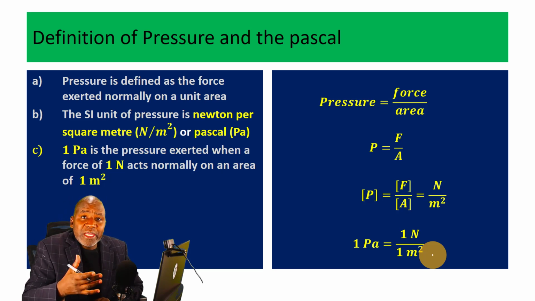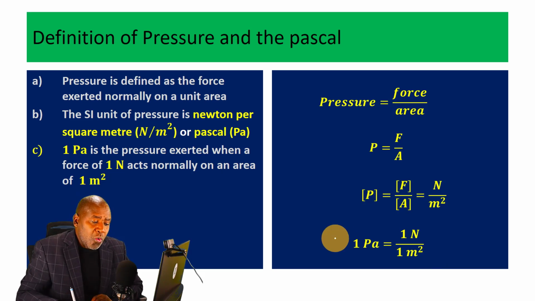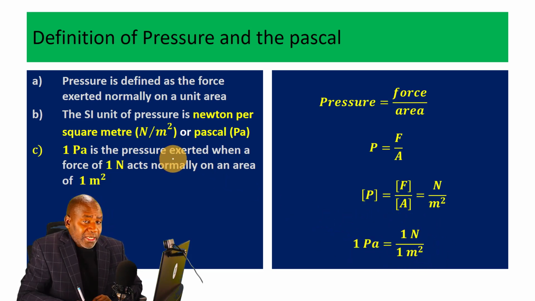That is what we mean by definition of a physical quantity. When you are asked to define an SI unit, be sure to define it in terms of other SI units. For example, 1 Pascal is equal to 1 Newton per 1 meter squared. This is the equation associated with the definition of the Pascal.